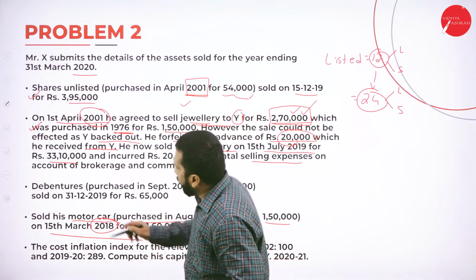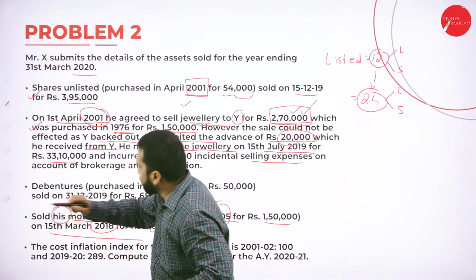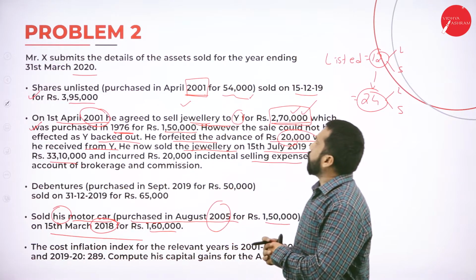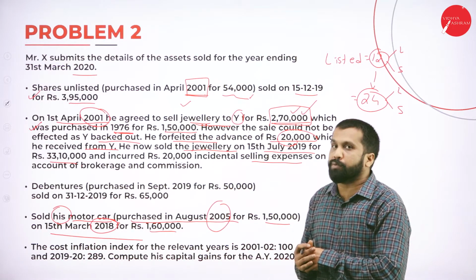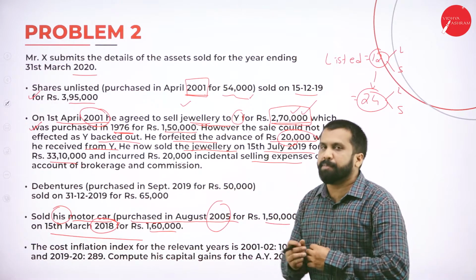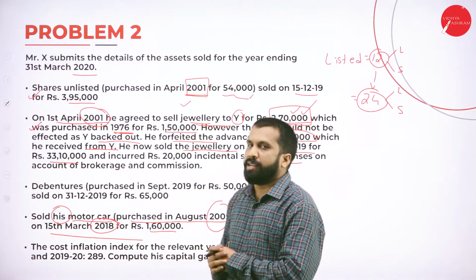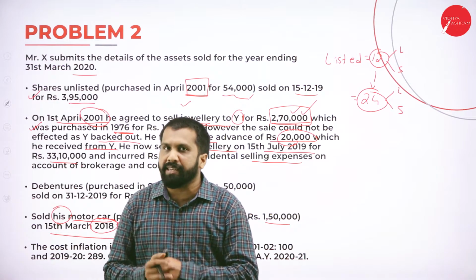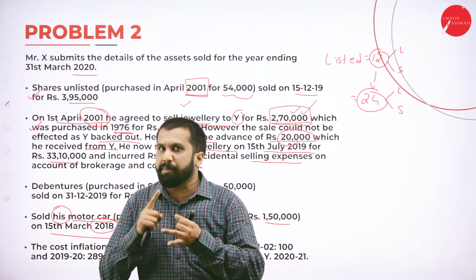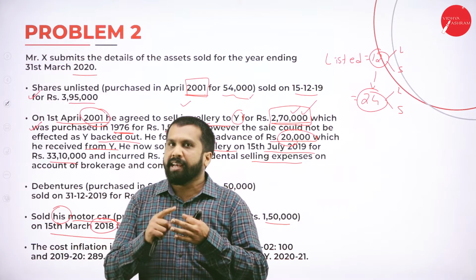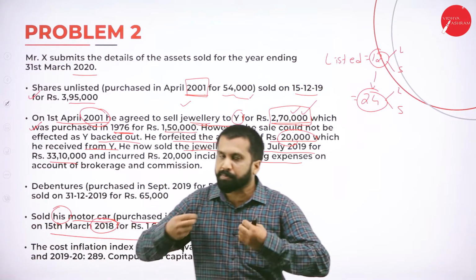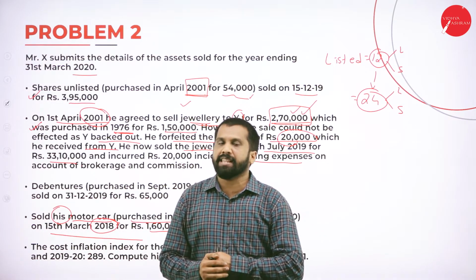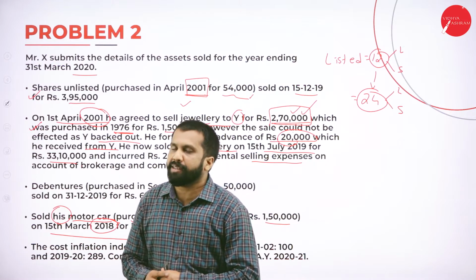Now, in this they have mentioned sold his motor car. So sold his motor car means it is used for which purpose? Personal purpose. As you know, anything used for personal purpose, like vehicles, maybe clothes, maybe furniture, if you sell that, it will not become a capital asset.